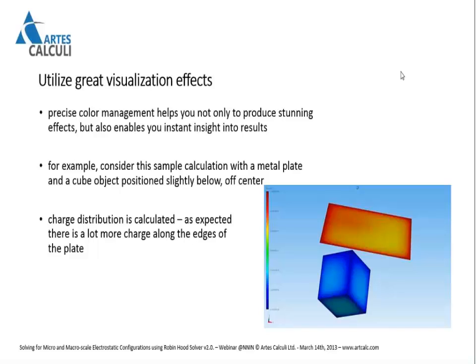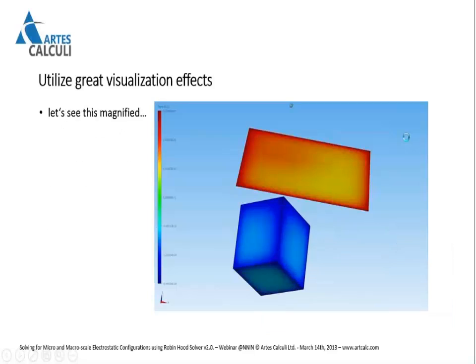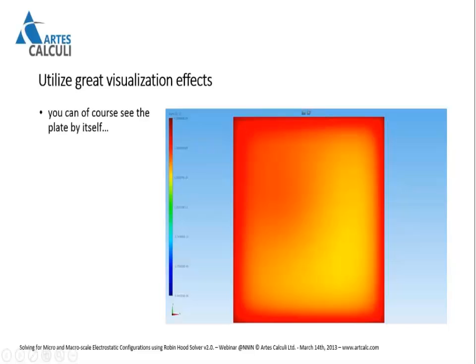We have calculated the charge distribution, and as you can see by the colors, there is a lot more charge along the edges of the plate. We can magnify this. As you can see, the charge is distributed along the edges, and you can also use the top view to see the plate by itself. But this is a rough representation.